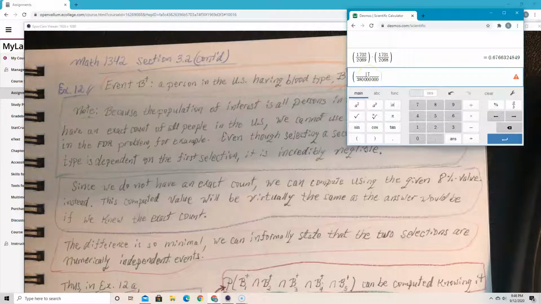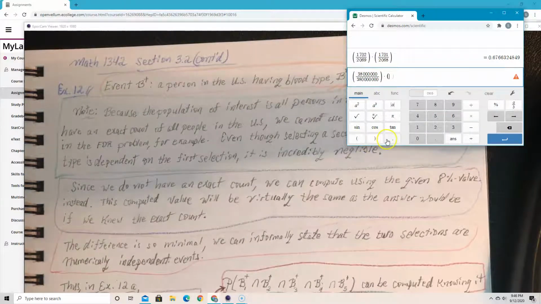And the numerator, let's say we know that there are 38 million that have B positive blood. And so the probability you pick one person out of all the people in America, the probability that they would have B positive blood would be 38 million chances out of 380 million chances. Now times the second person.